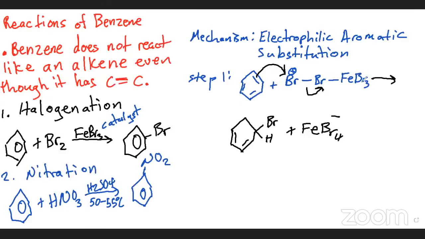So FeBr3 plus this bromine here, we just write FeBr4. It's a total of 4 bromine atoms bonded to it. So again, benzene removes the bromine from this complex. Once it does that, the double bond is broken because we used the pair of electrons to get this bromine atom on the ring.